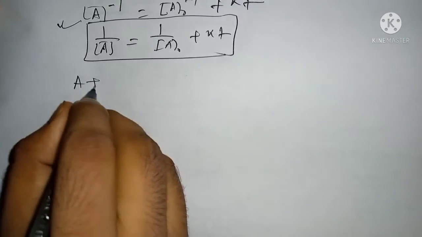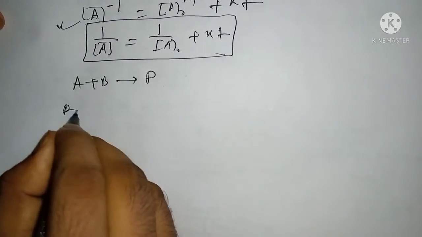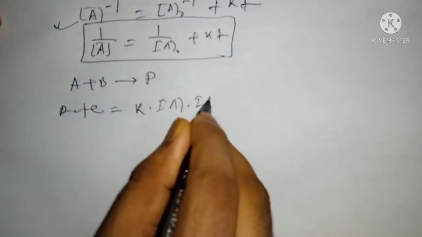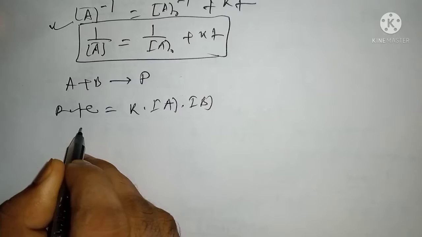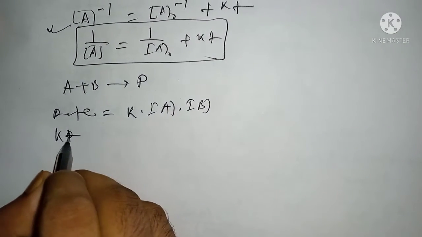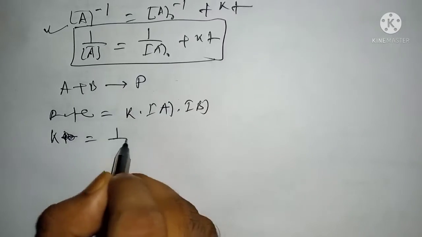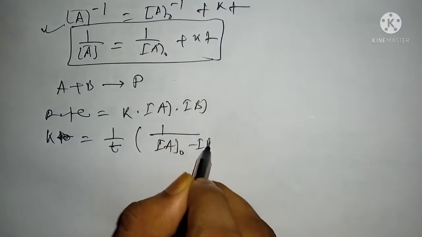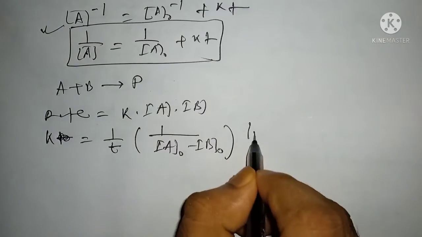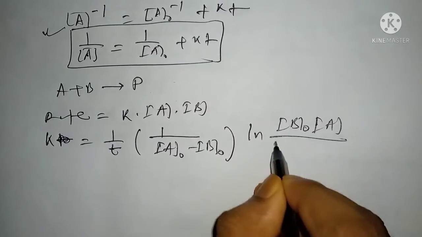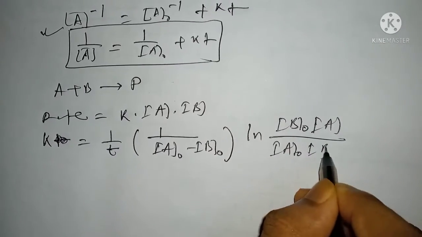Suppose the reaction A plus B to product, rate equals k times [A] times [B]. This is a second order reaction. So the rate constant k equals 1 by t times 1 by ([A0] minus [B0]) times ln of [B0][A] by [A0][B].